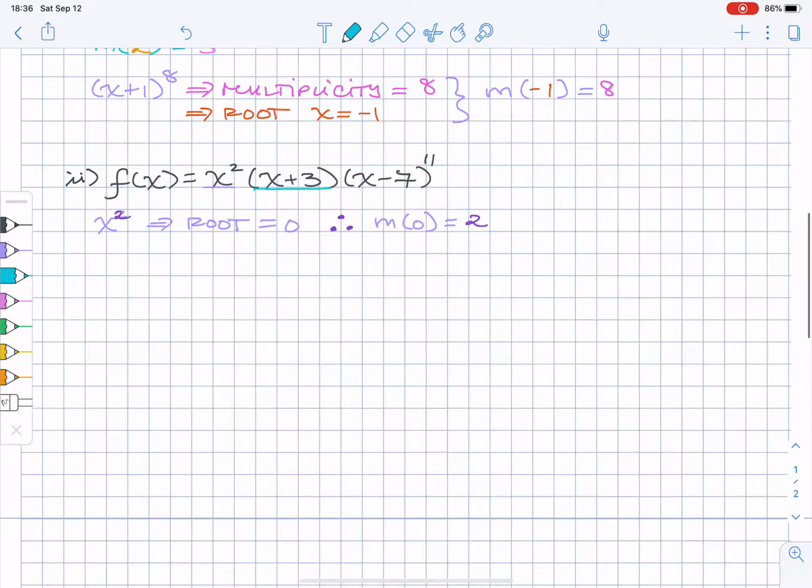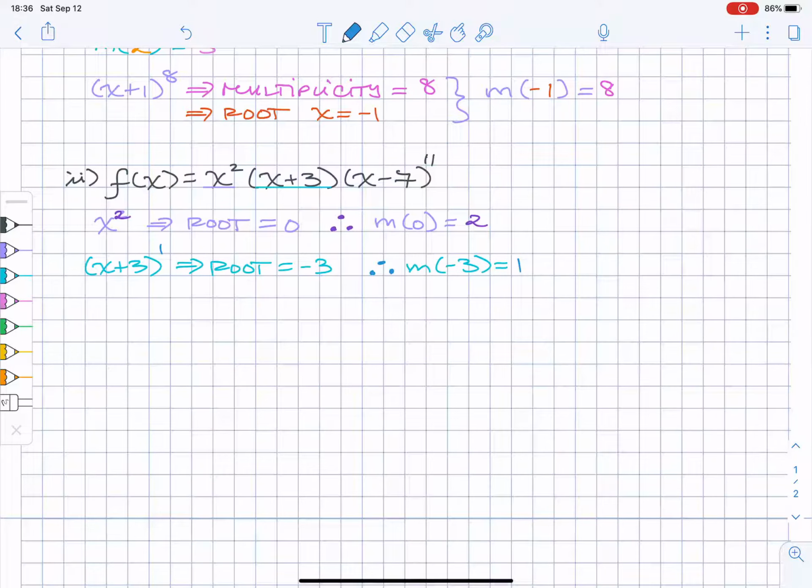Now let's look at x plus 3. So x plus 3, and that's to the first power, right? So this is a root equal to what? Well, what makes x plus 3 0? That'd be -3 plus 3. So therefore, the multiplicity of the root -3 is going to be the power on that factor. The power is 1.